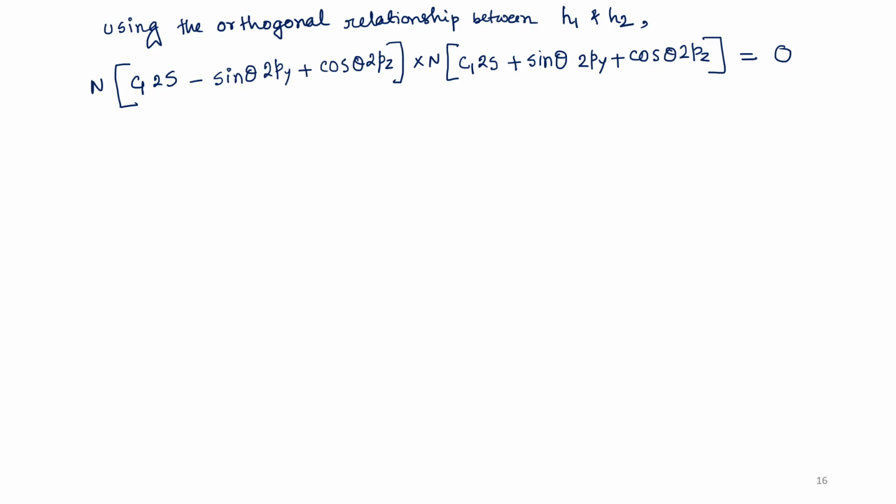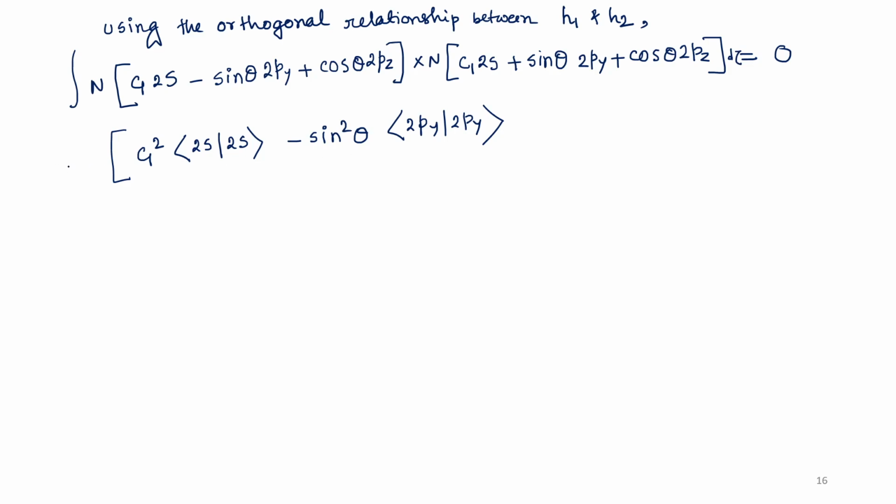Again, the 2s orbital of the oxygen is normalized individually, and 2s and 2p, if you multiply and integrate over all space, you get 0, because they are orthogonal. As n is not equal to 0, what we get is C1 squared 2s 2s, all the cross terms are going to be 0, so I am not writing them. I should put the d tau.